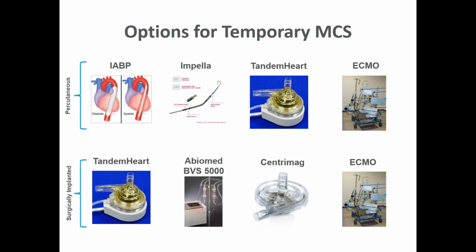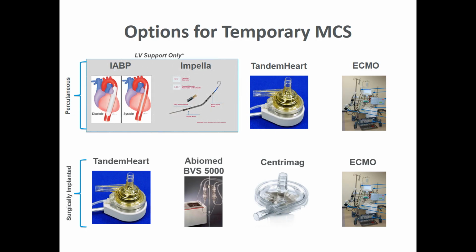There are also surgical strategies using some of the same devices that can be considered, but more direct cannulation through a surgical incision, using similar devices or centrifugal flow pumps such as the CentriMag, or again, centrally cannulated extracorporeal membrane oxygenation.